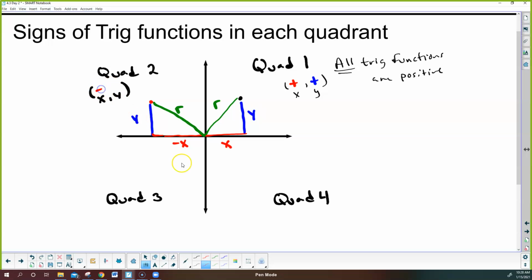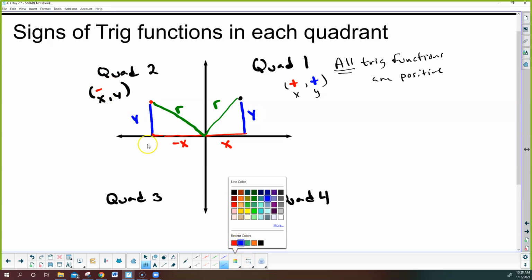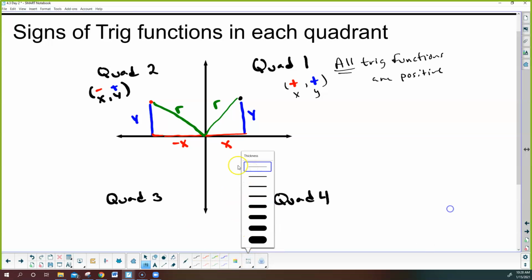This is another way to think of it, negative, positive. So what we have then is anything that involves the adjacent side, because remember, this is the angle that we're thinking of, that's theta.